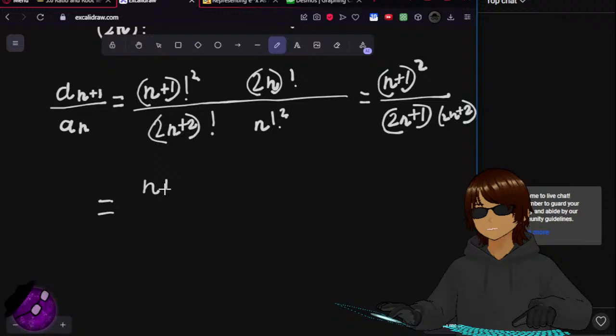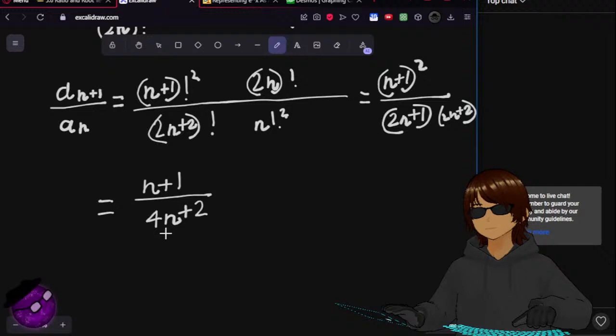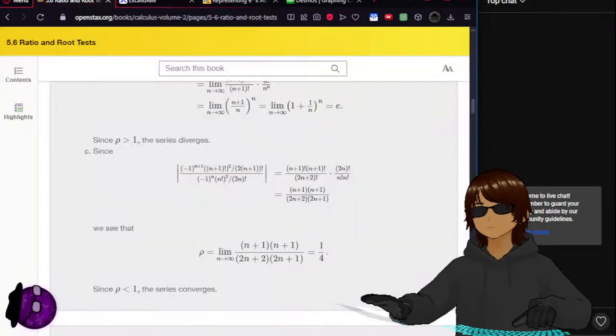So then I'm just left with n plus 1, which can cancel out with this, and as n goes to infinity, I'm left with half, which is wrong.